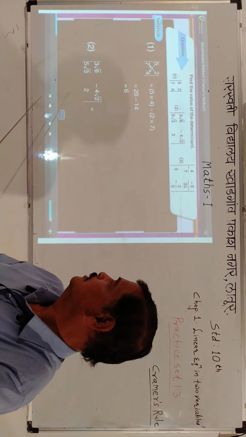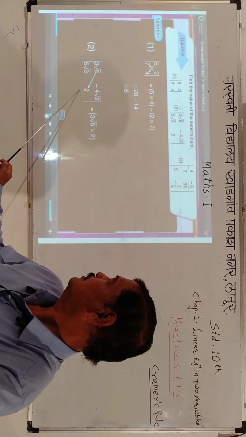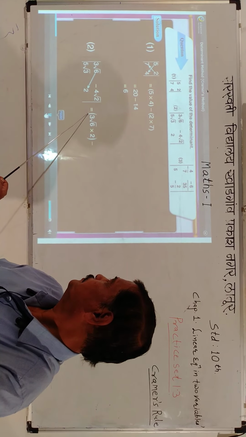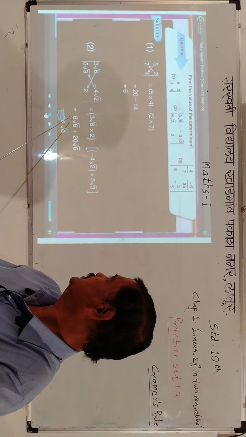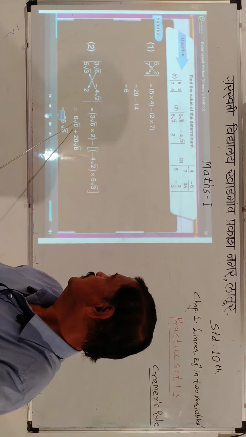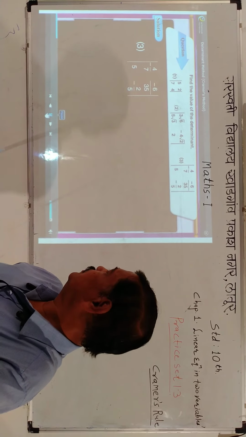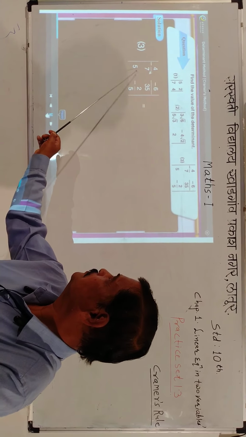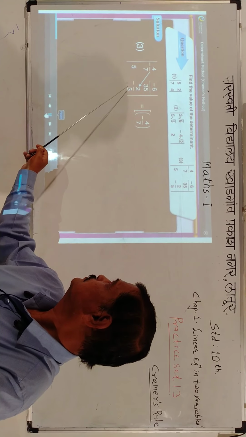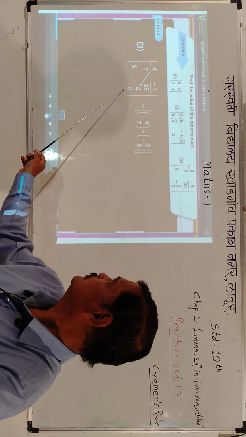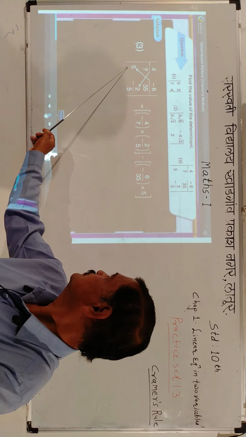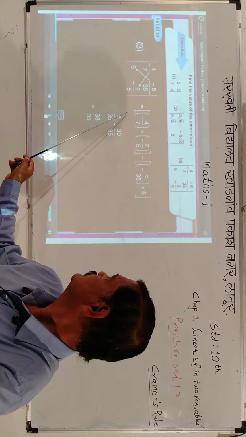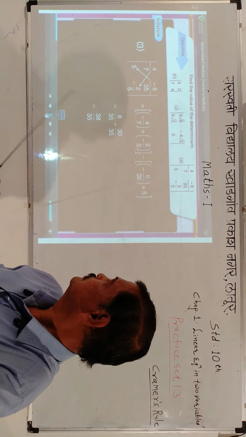The value of this determinant is 3 root 6 multiplied by 2 minus 4 root 2 multiplied by 5 root 3, and this is equal to 26 root 6. The value of the third determinant is minus 4 upon 7 multiplied by minus 2 upon 5 minus 6 upon 35 multiplied by 5, and this is equal to 38 upon 35.